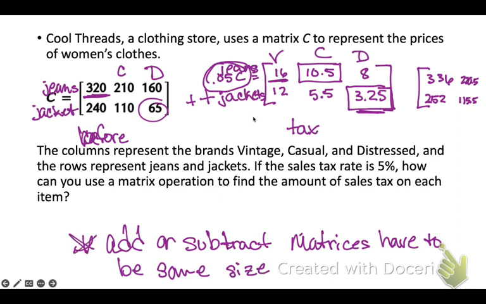Important. So if I have a 2 by 3, it has to add to a 2 by 3. Can it add to a 3 by 2? No. It has to be exactly the same. Pretty easy, isn't it?